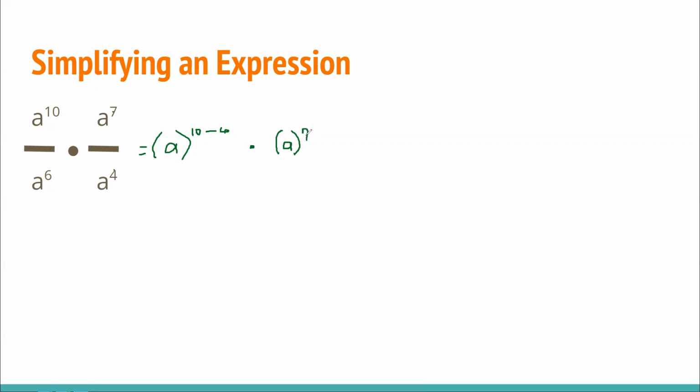So 7 minus 4. Now we're going to simplify it, actually do that subtraction. So A to the 4th power times A to the 3rd power.